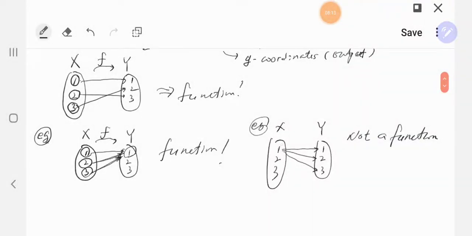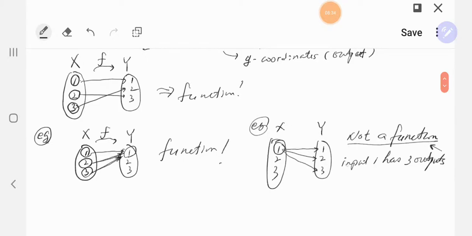Because the input 1 has 3 outputs. So that's why it's not a function.